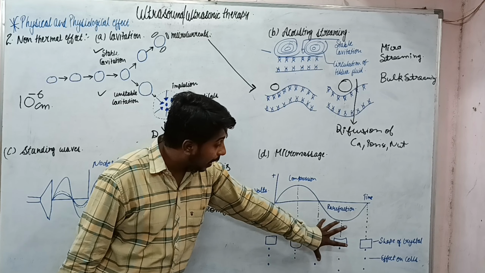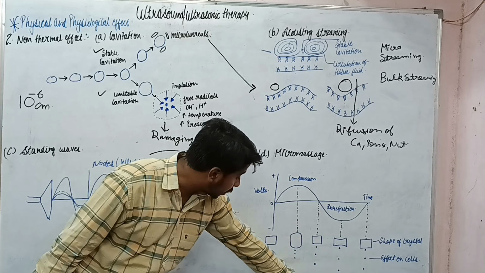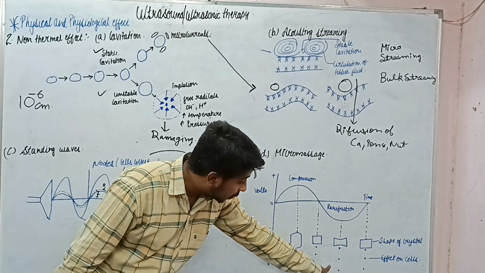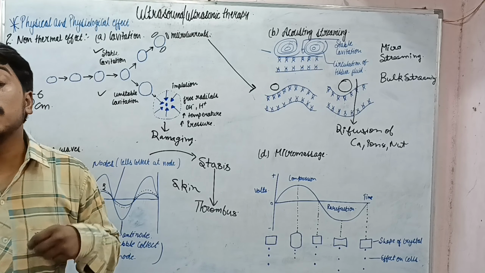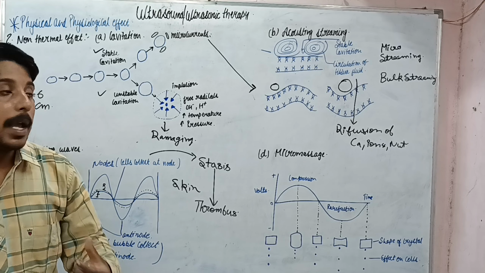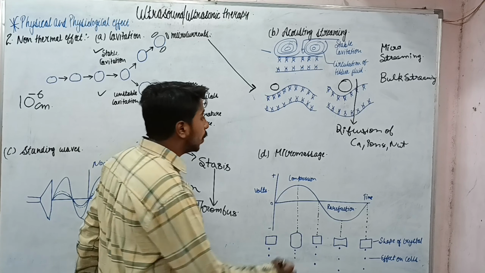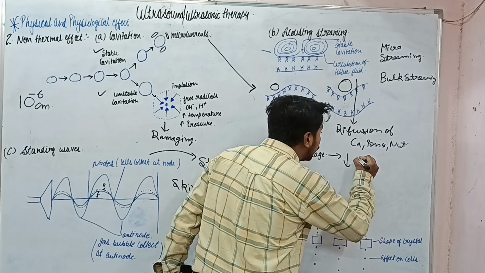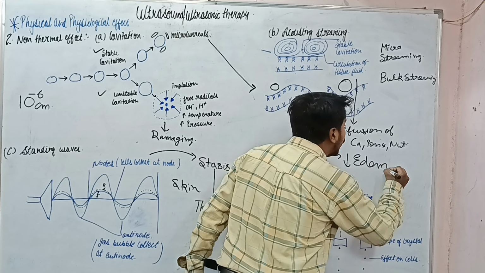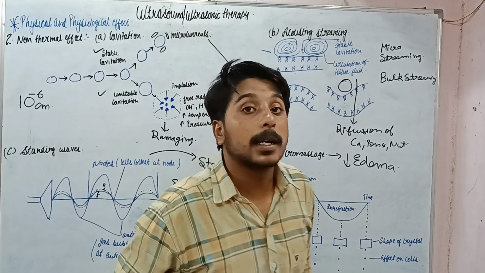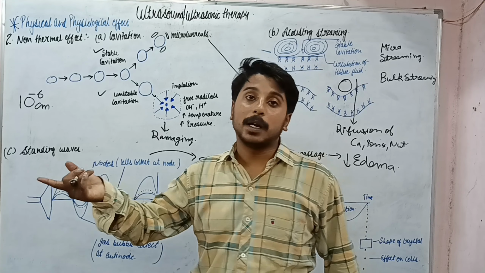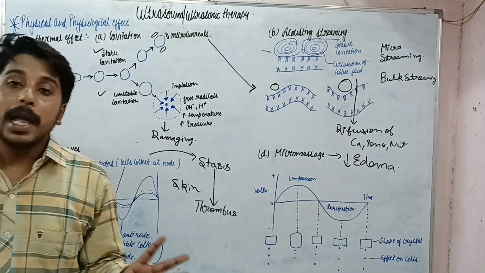But when the size of the crystal reduces, you need to see that the cells move apart. This produces a micro massaging effect, which is helpful to reduce the edema. How is it produced? Due to the back and forth movement of the crystal transmitted to the metal front plate, helpful to reduce edema.